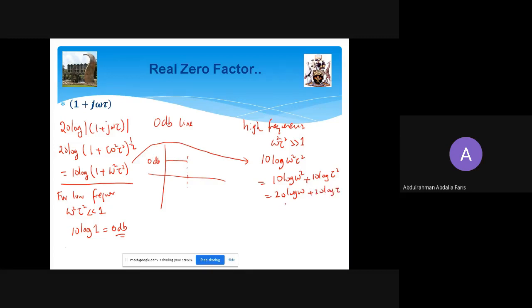So you can see this is also like mx plus c. It's a straight line with this factor and that factor. Sawa?